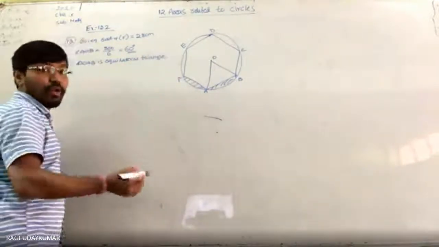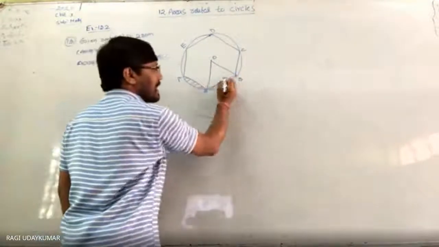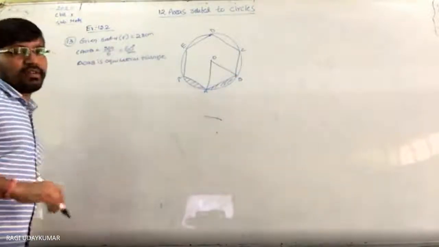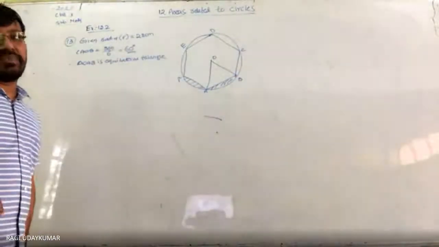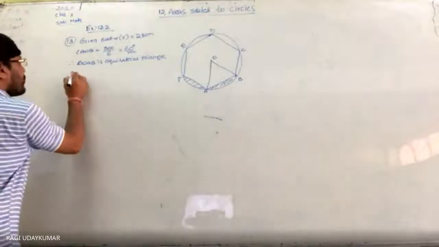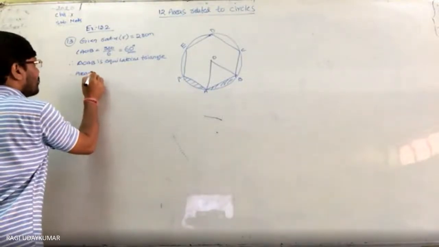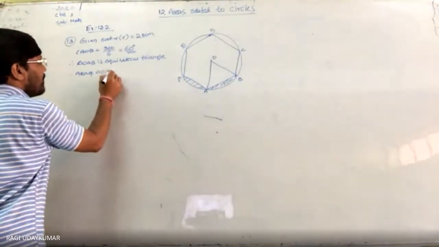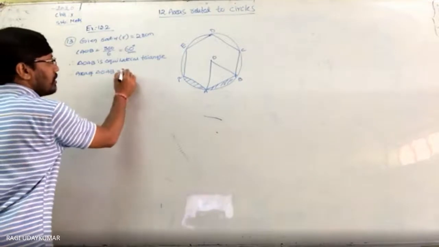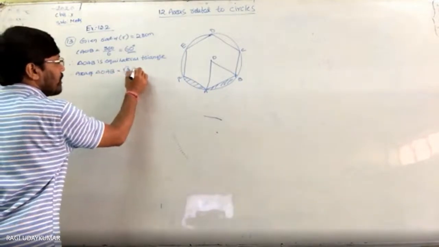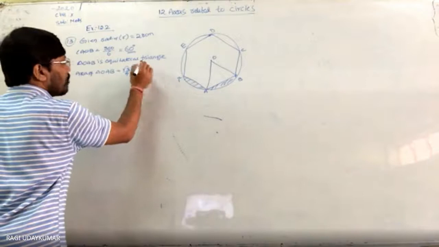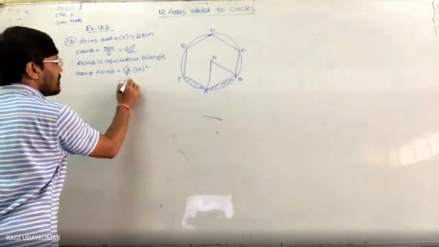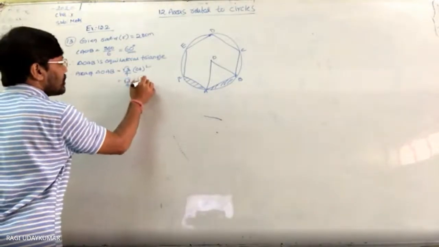Again, we did the problem here. You consider this angle as x, this angle as x. Both are equal. So 60 degrees at the center means equilateral triangle. Therefore, area of triangle OAB is equal to root 3 by 4 a square, that is OA square. OA is the radius. So root 3 by 4, 28 square.